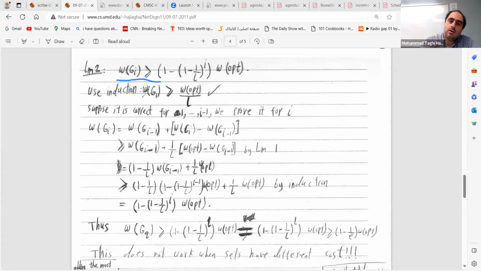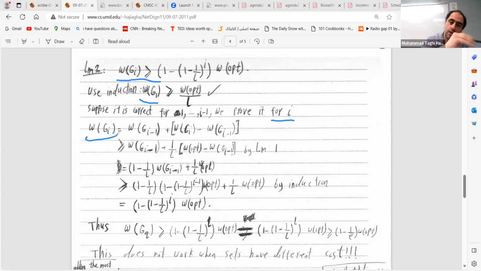We know that W of G1 is greater than W of opt over L. And if we just see it, it is trivial as well, because S1 is the one that we are selecting with the maximum weight. And of course, opt can have L of such sets, so it would be this. Now, suppose it is correct for 1 to I minus 1, and then we will prove it for I.